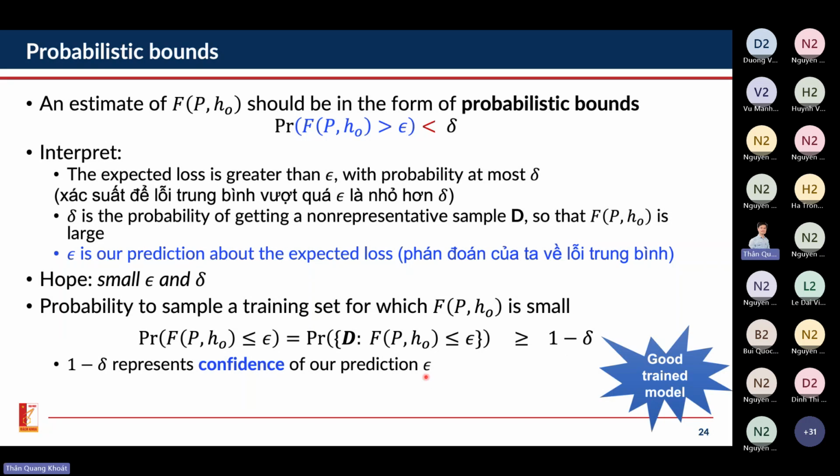We have one prediction about the test error, and this one represents our confidence about the estimation. Once we show this, it shows that our trained model can be good, right? With a high probability. Okay. Any question?